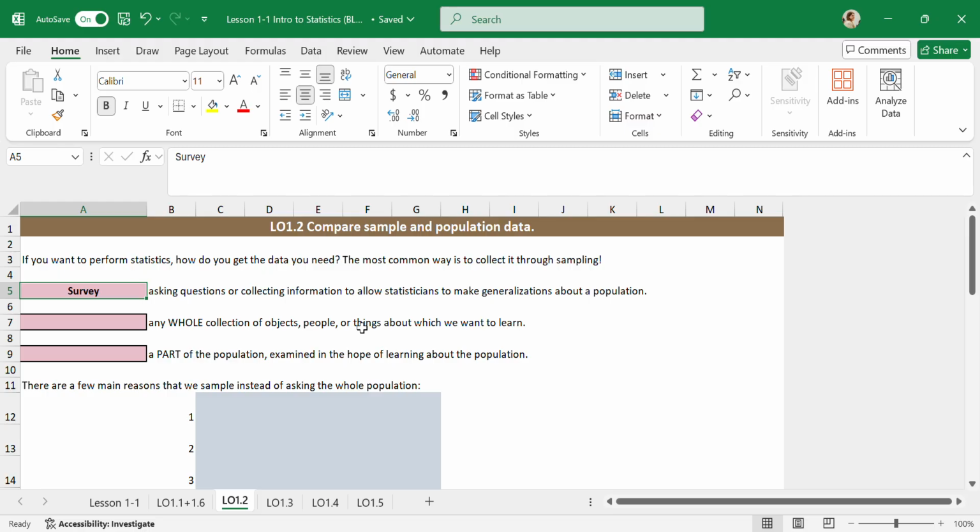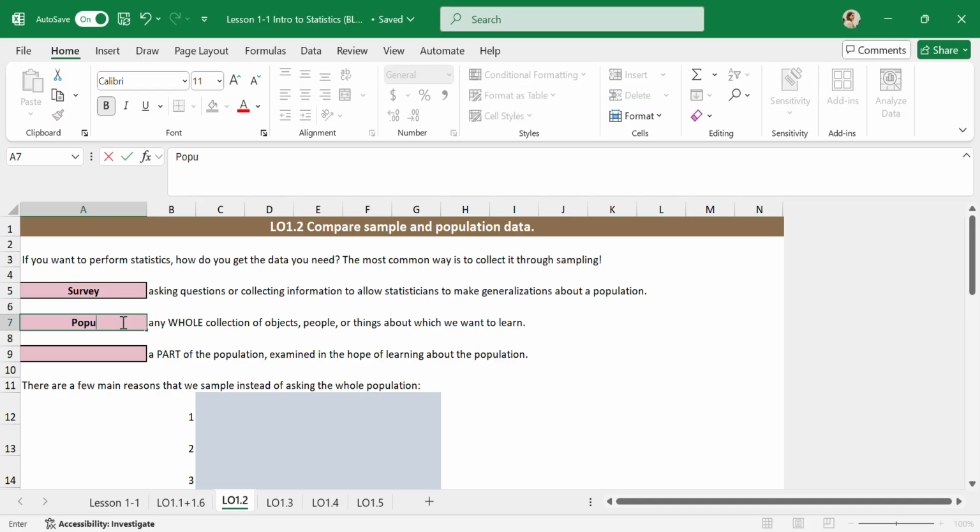That's a simple example of a survey to collect information. So how statisticians or people who do statistics collect information is through a survey. And why they do the survey is to try to do inferential statistics. That's a fancy way of saying to make predictions or generalizations about a whole population.